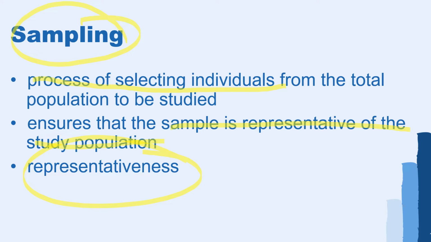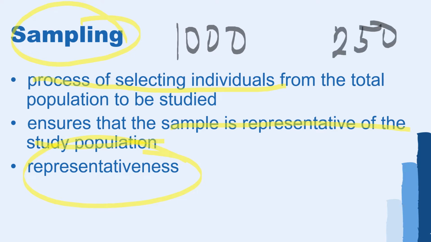For example, I have 1,000 student nurses in the School of Nursing when I conduct my research, and 250 of them are my sample size. My goal is to ensure that each year level would be adequately represented in my sampling methodology. I want to make sure that levels 1, 2, 3, and 4 are adequately represented.